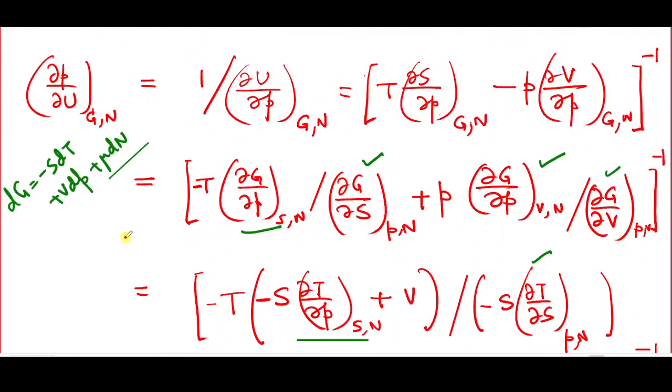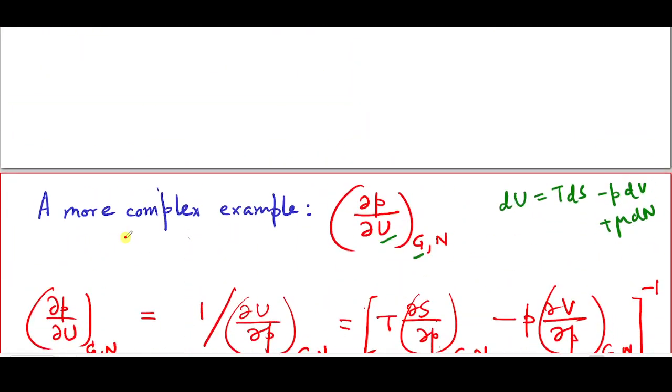If you look at your original derivative, the one we are trying to reduce, we are actually doing a derivative of pressure with respect to energy, that of an intensive variable with respect to an extensive variable. You do expect the overall derivative to be the reciprocal of an extensive variable. So at least that part is right.